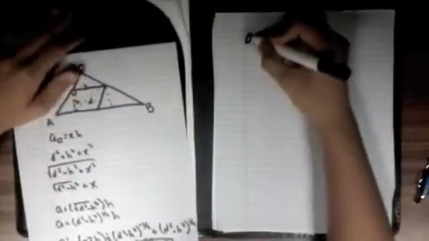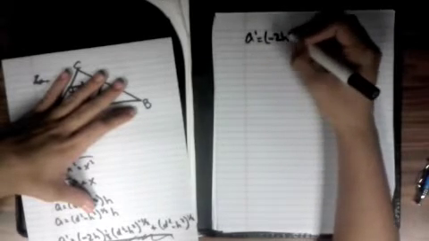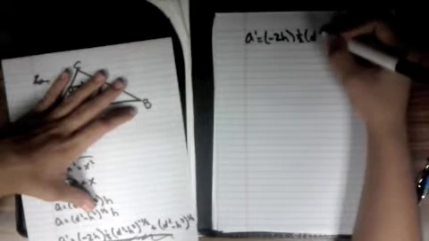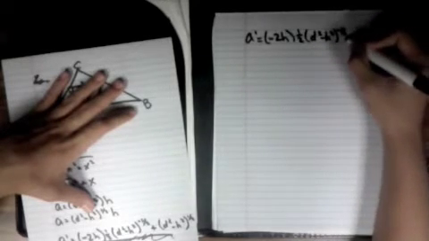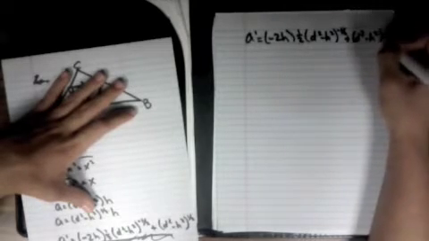So, let's write this on the other paper. We have that the area prime is 2h times 1/2 times d squared minus h squared to the negative 1/2, plus d squared minus h squared to the 1/2.